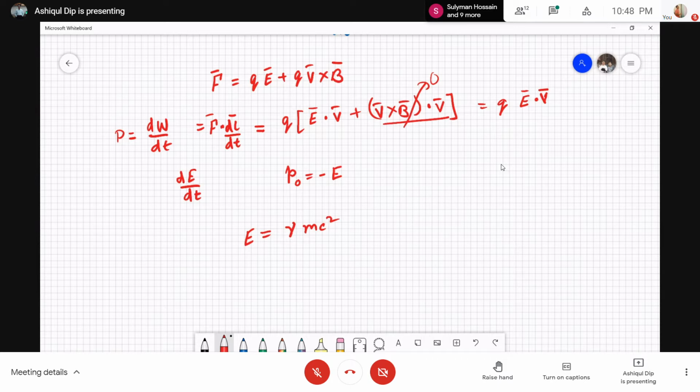Okay, now all we need to see is that this is actually our zeroth component of momentum. For small speed, obviously this thing is nothing but mc squared, right? Yeah, mc squared.